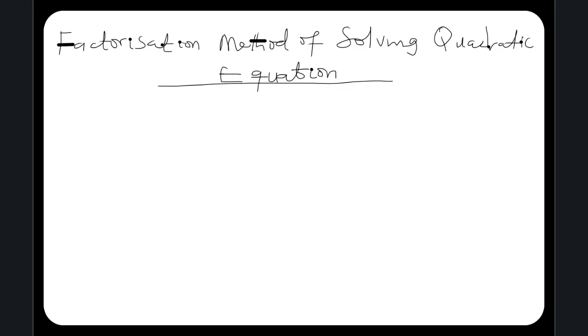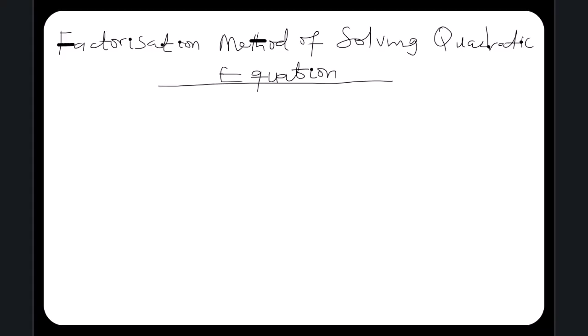To be straightforward, I'm going to give us one example, and I will try my best to ensure I explain the step-by-step guide on how to use the factorization method to solve any given quadratic equation. But let me say this: the factorization method cannot be used to solve all quadratic equations.